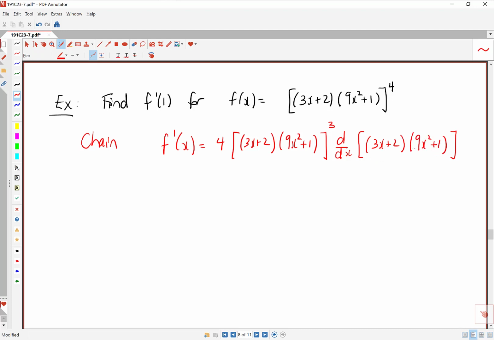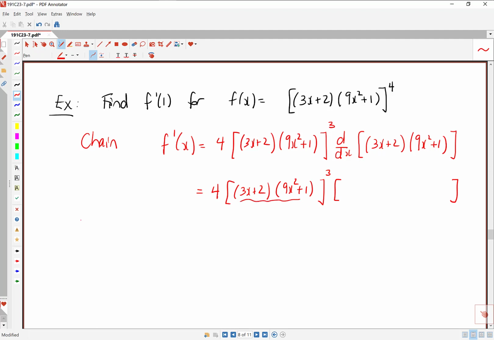You could actually work that out right here, but I just tend to try to not do too much in one step. So first part here was just taking the derivative of the outside function, keeping the inside the same. And then we're going to put square brackets here, and this is where we'll take the derivative of this inside function.